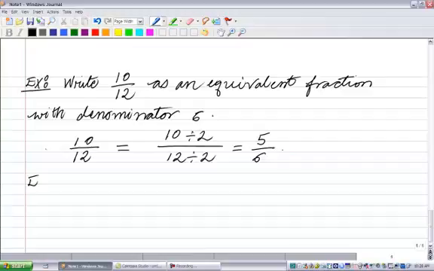Always keep in mind that any number A divided by 1 is the same as A. And of course A divided by A is the same as 1.